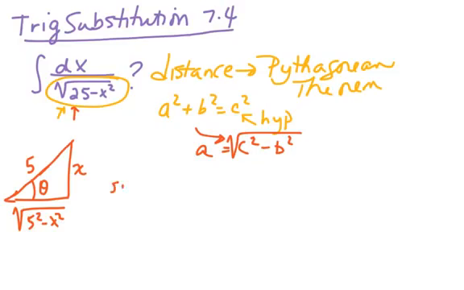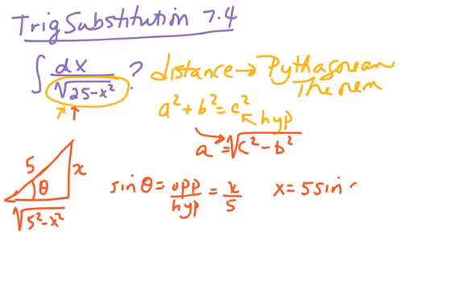The sine of theta would be the opposite over the hypotenuse, which is simply x over 5. So if I solve for x, x is equal to 5 sine theta.